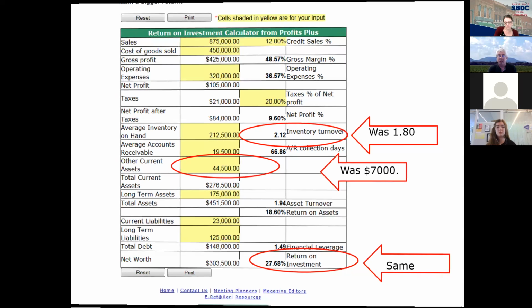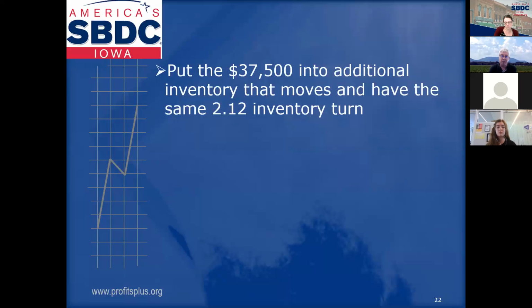So let's look at my scenario like this. I was okay with the $7,000 I initially had in the checking account. Was comfortable with that. Didn't need the $100,000. Didn't need the Benadryl. And I'm going to take the $37,000 and I'm going to buy inventory that moves and has the same 2.12 inventory turn.